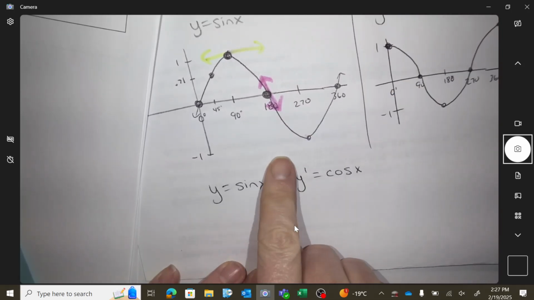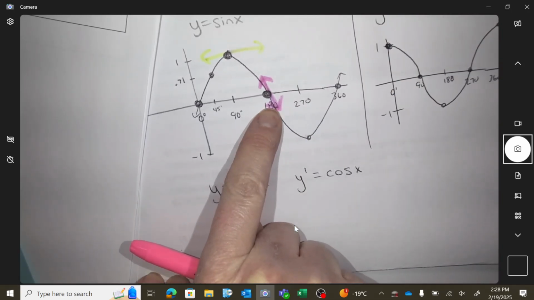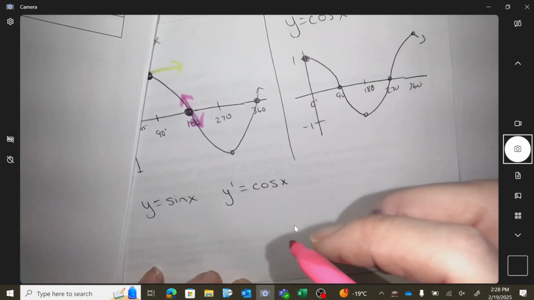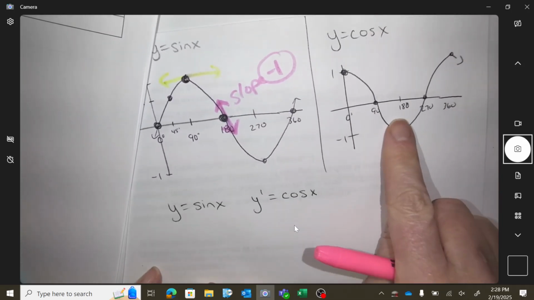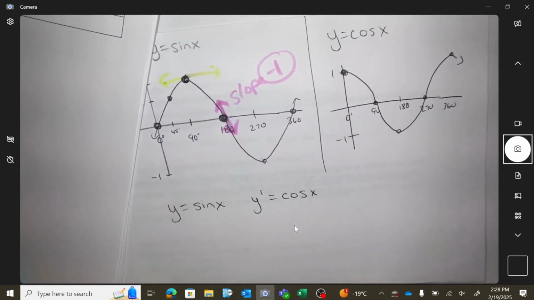Okay, there's my tangent line at 180. What's the slope of it? Okay, we'll go to cos. The slope of this pink line is -1, because what's cos? -1. Look at that. See how that's connecting?